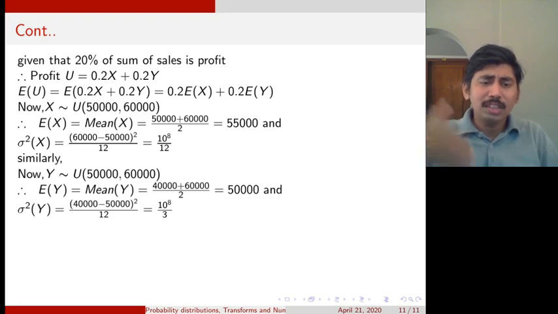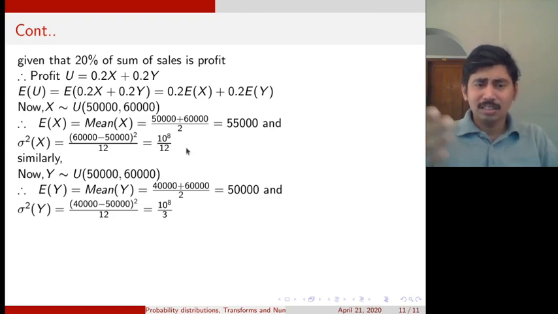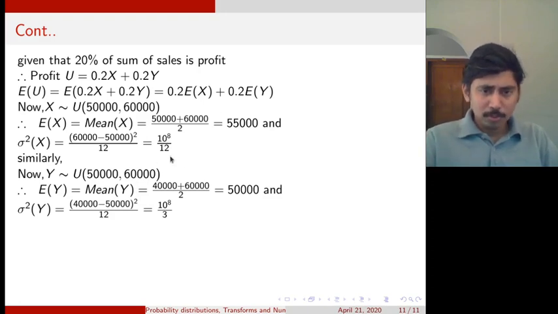So the variance will be high, on the order of 10,000 squared. Sigma square means that it will be squared. Standard deviation represents the exact variation or change from one value to another. It's a measure of that change. Variance is a measure of the square of the change. So 10 raised to 8, don't be surprised at getting this big number, 10 raised to 8 by 12, (b minus a) the whole square by 12.